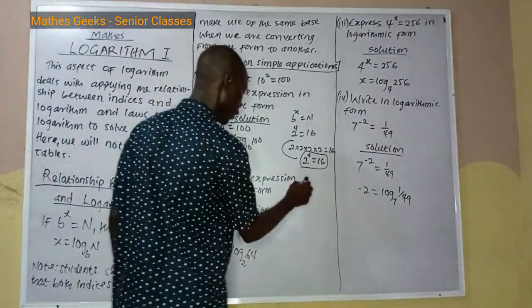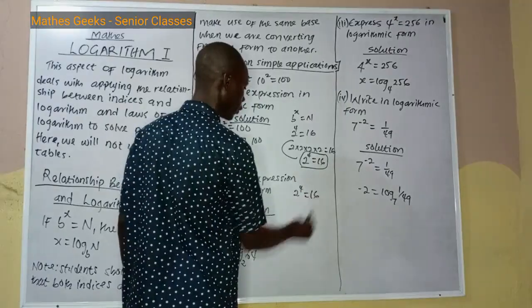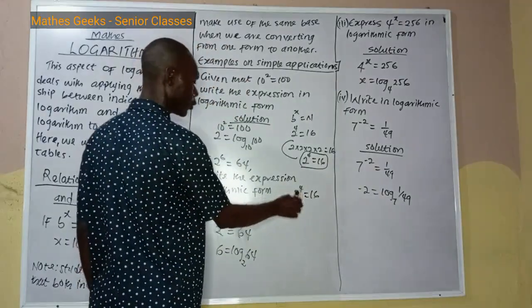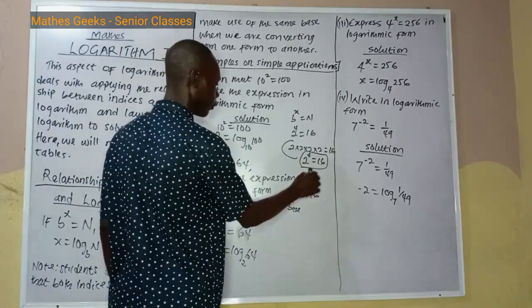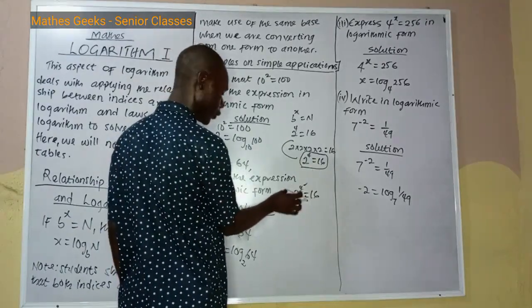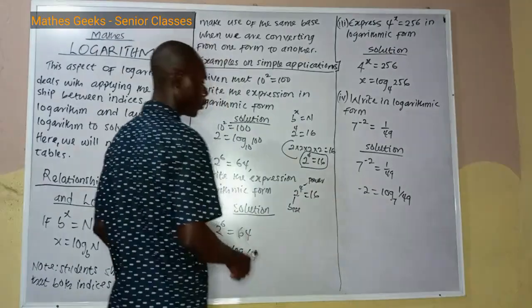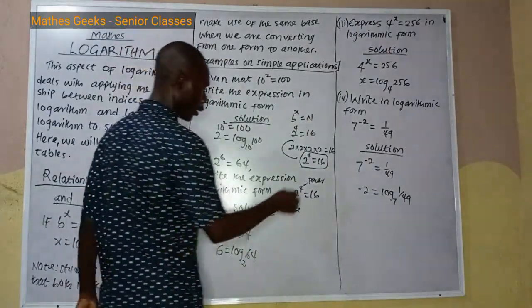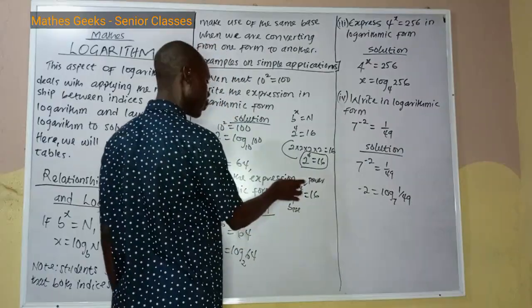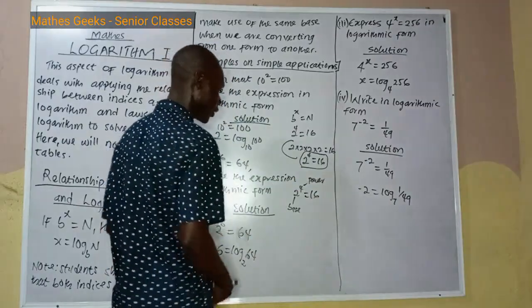So in indices, 2 raised to the power 4 is equal to 16. So 2 is known as the base, and 4, which is what 2 is raised to, is known as the power, or exponent, or index. What it implies is that when 2 is raised to the power 4, the result is 16.